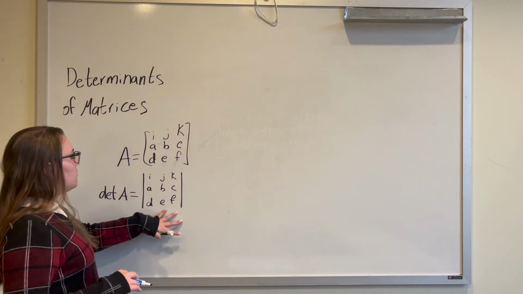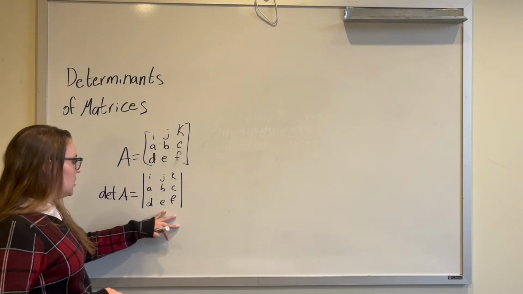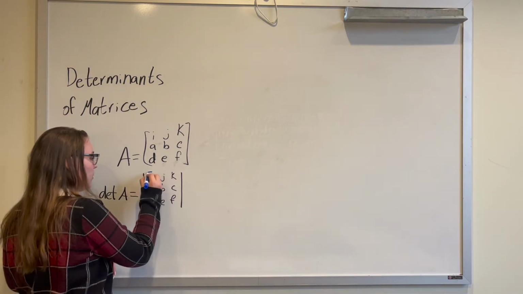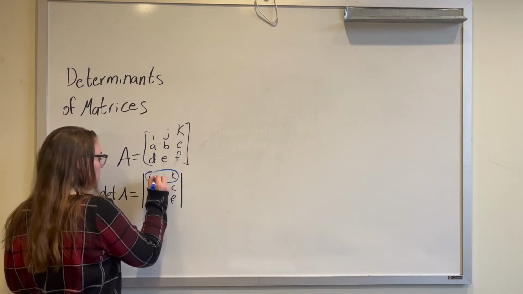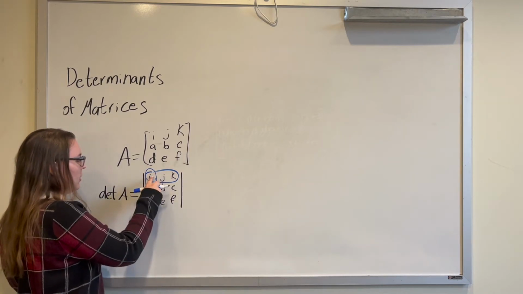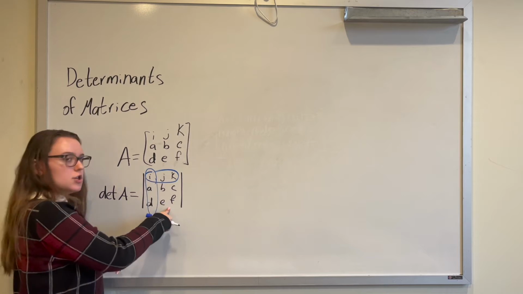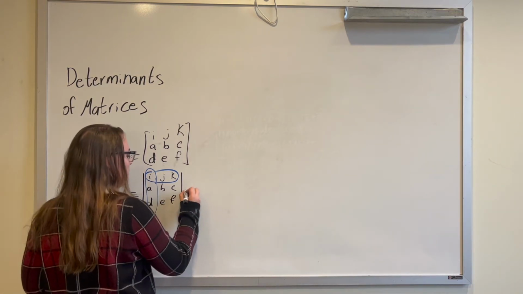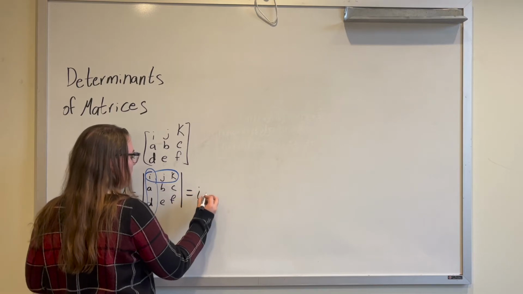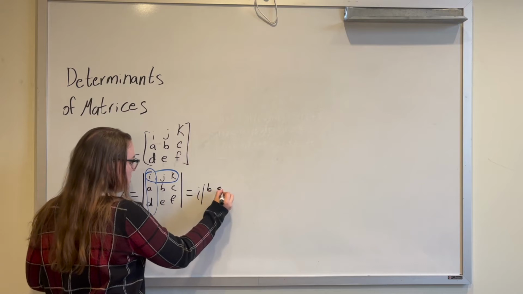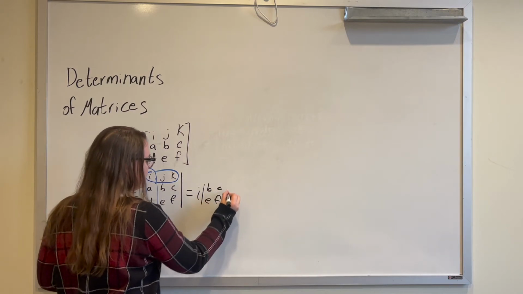Then to find the determinant of a 3x3 matrix like this, we block out the top row and the first column, and we do this number here times the determinant of these numbers here. So when we do that, we get I times the determinant of the matrix B, C, E, F.